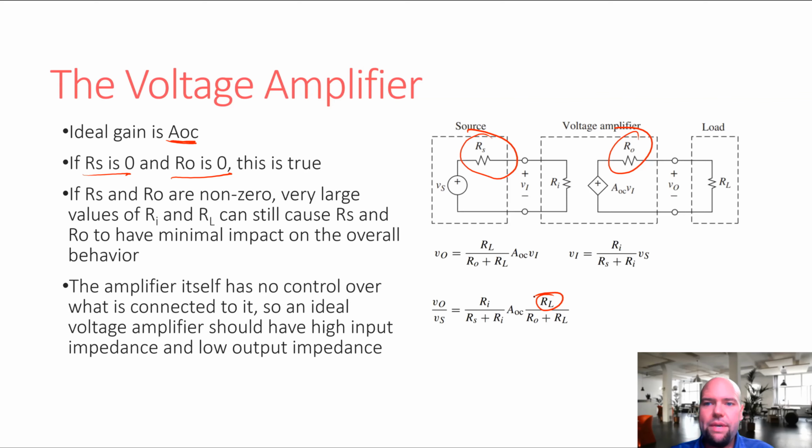If RL is really big, then RO can be a little bit bigger without it having a big overall impact. And so basically, assuming we can't have 0 for our supply resistance or our output resistance of our amplifier, we can still minimize the impact of them being non-zero by having a very big input resistance and a very big load resistance.